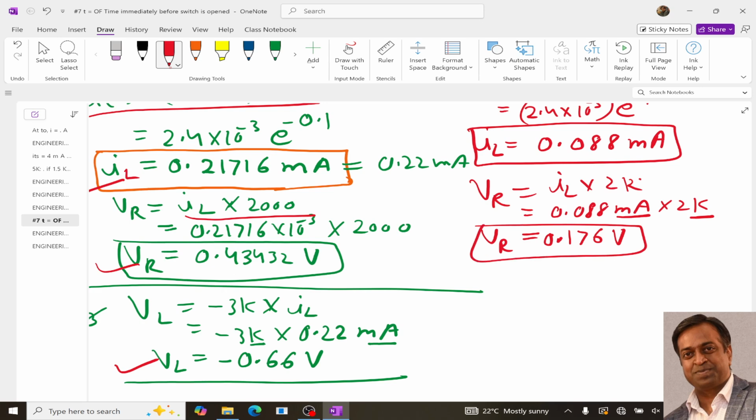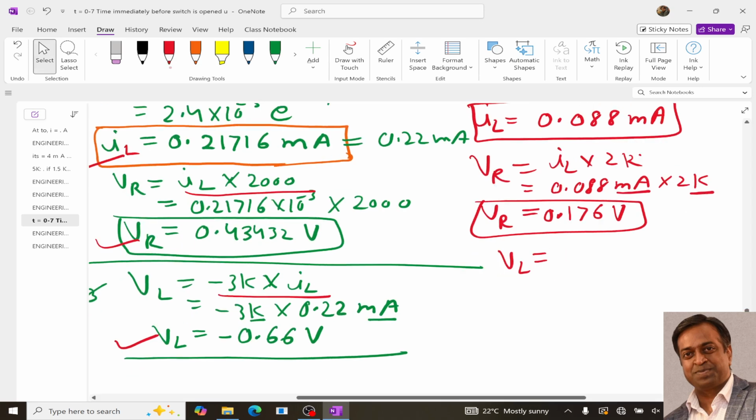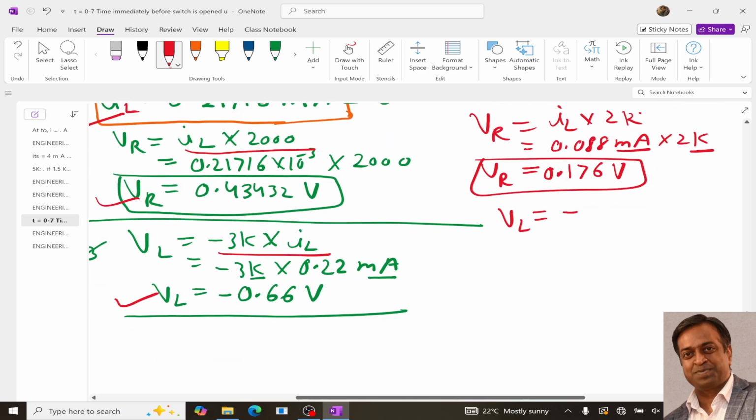And then finally VL, again using the formula, VL is equals to minus 3K into IL. IL is 0.088 milliampere.